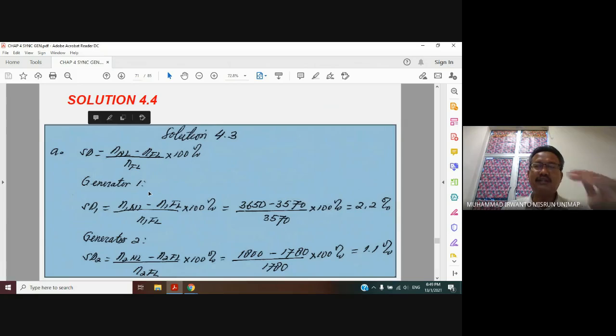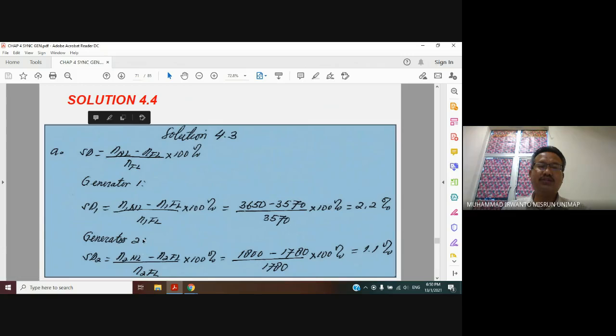Based on the data above, the no load speed for generator 1 is 3650 RPM, and this is the full load speed. Multiplying by 100%, we obtain 2.2%.